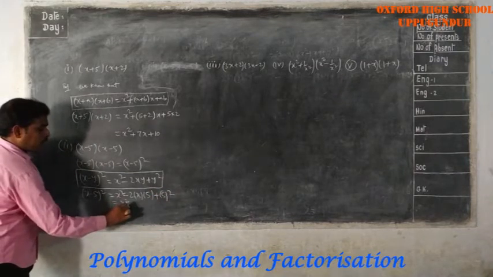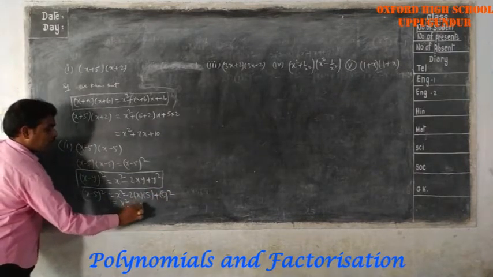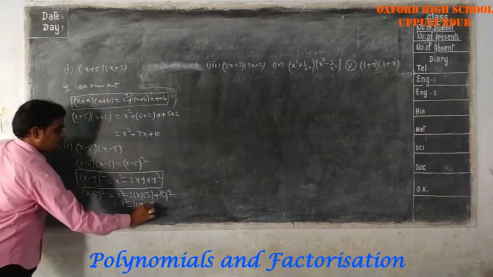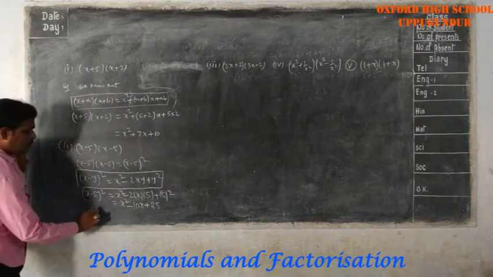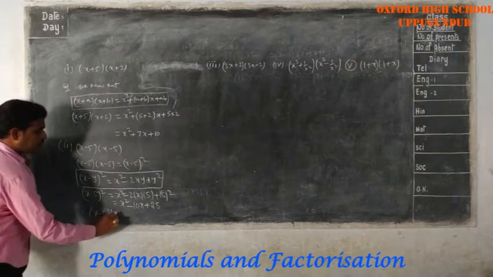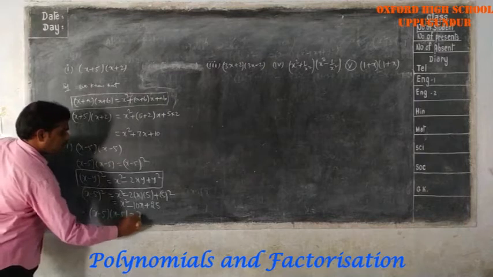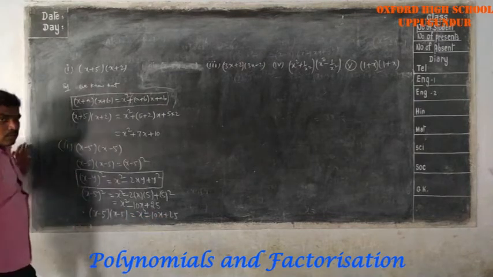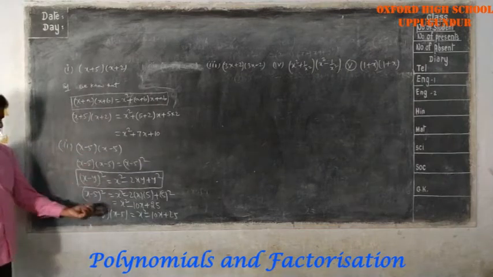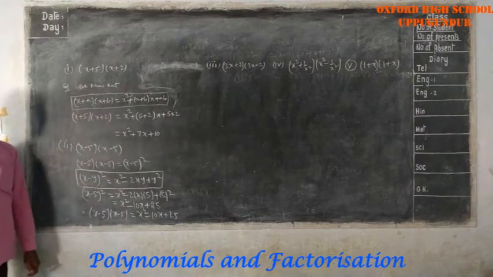So x square minus 10x plus 25. Therefore (x minus 5) of (x minus 5) equals x square minus 10x plus 25. So using (a minus b) whole square, you can do problems like this.